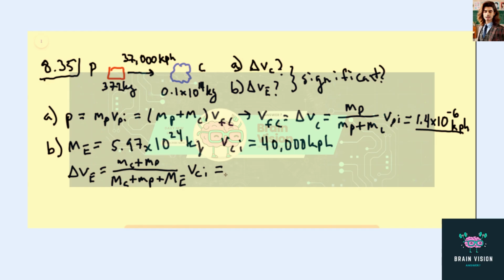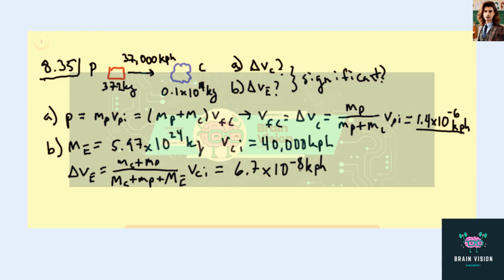And so plugging all of the numbers in, we find that the change in the Earth's speed is a whopping 6.7 times 10 to the negative 8th kilometers per hour, which is even quite a bit smaller than this, even though the difference in terms of the orders of magnitude of the things are similar.